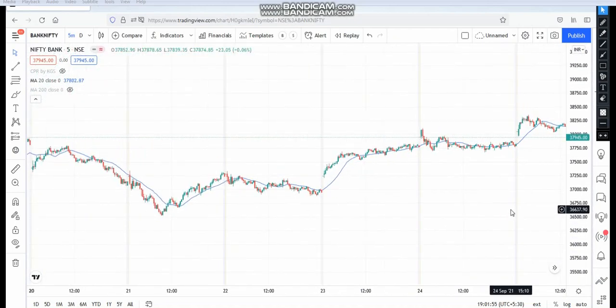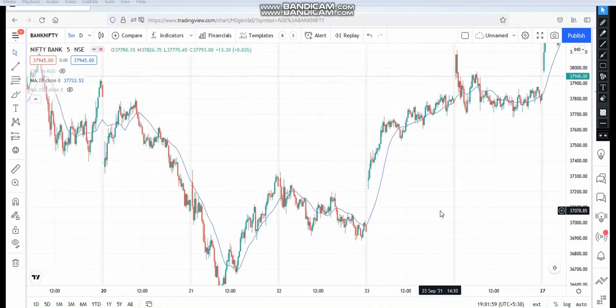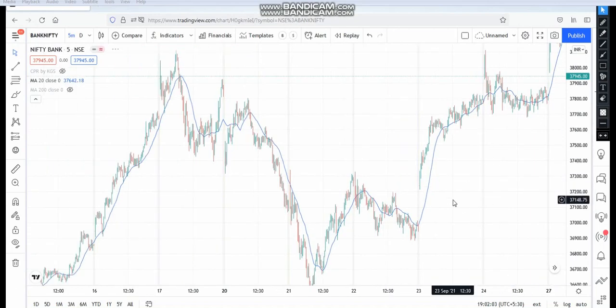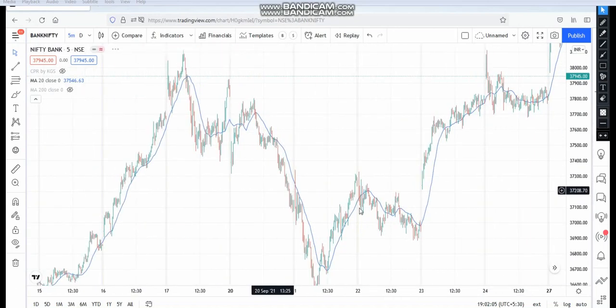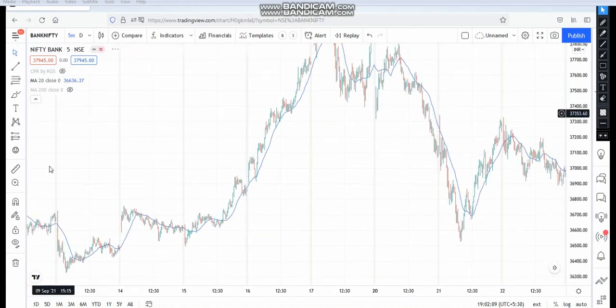This is a chart of 5 minutes, Bank Nifty 5 minutes chart actually. Here I am going to show you. Here you see, this is the chart of 14th September.